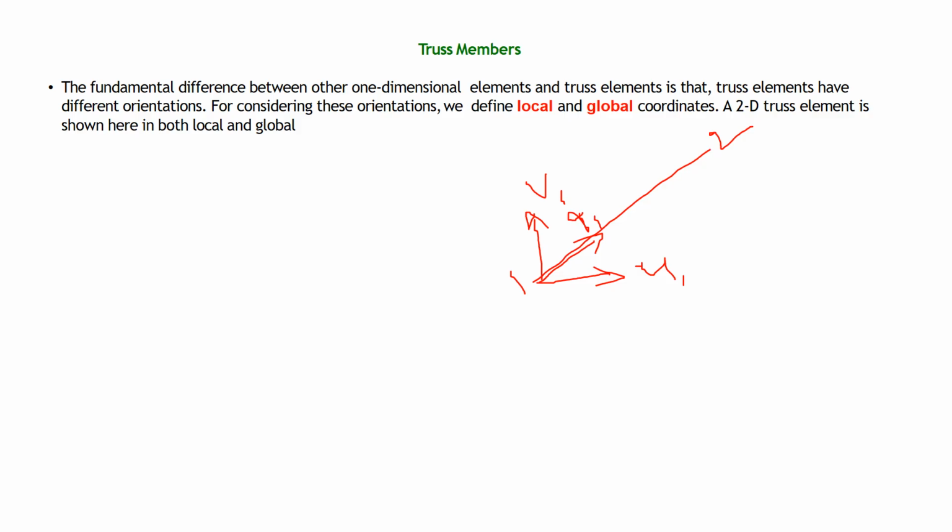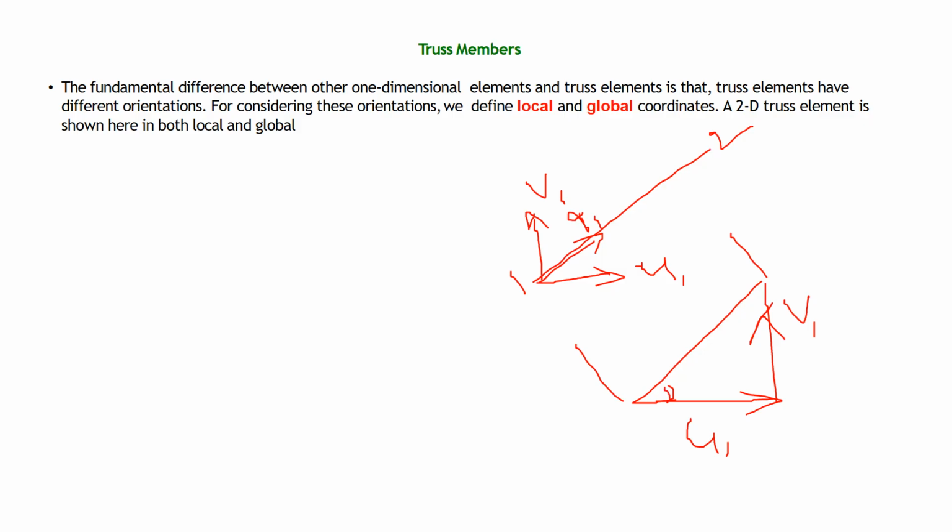Suppose u1 is the displacement along the x-axis, and this one is v1, the displacement in the y-axis. The total resultant is q, from here to here.